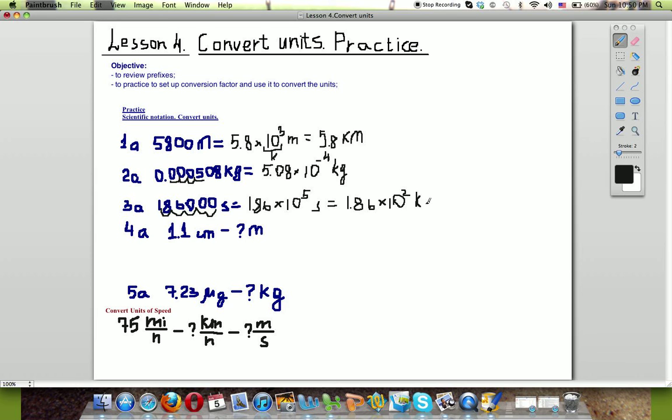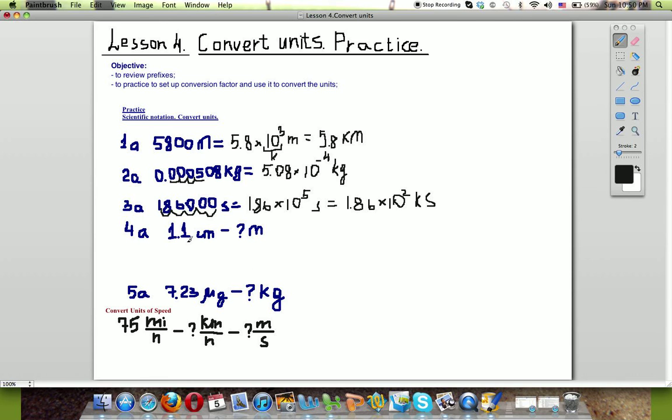I can tell you that kiloseconds is a very rare unit to use. Usually we would change it to minutes or hours, but to complete this assignment, that would be the correct way to do it.